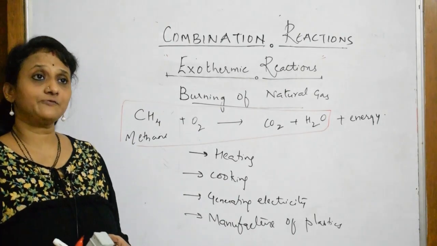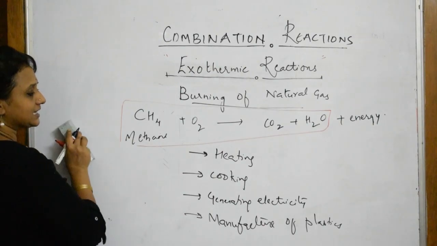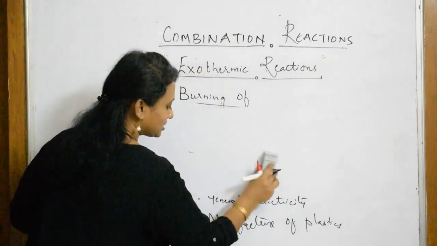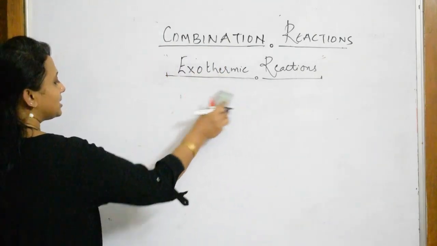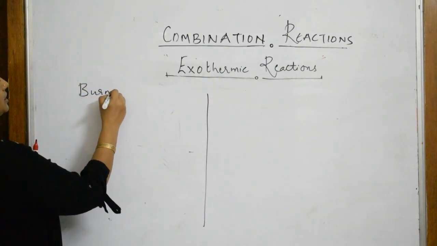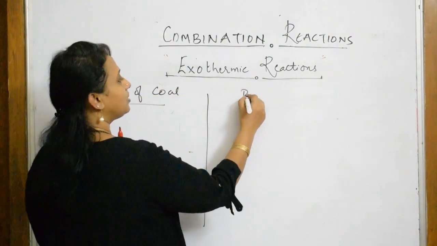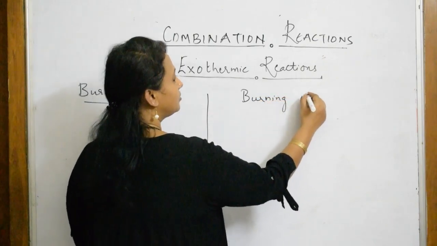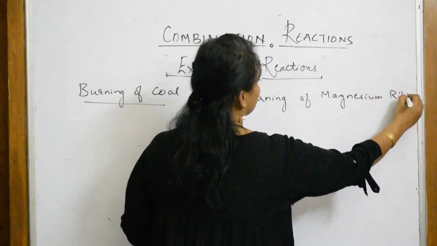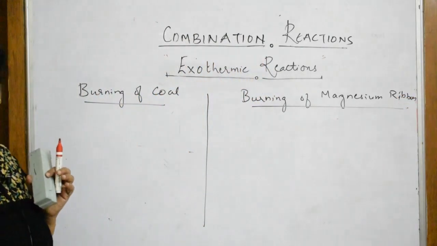Now if I have to speak about burning of coal or burning of magnesium ribbon, let us take that, let us erase this. Here the same thing, instead of natural gas, coal and magnesium ribbon, whether it is exothermic or not. So here we write burning of coal and burning of magnesium ribbon, the one you use during your Diwali crackers also.